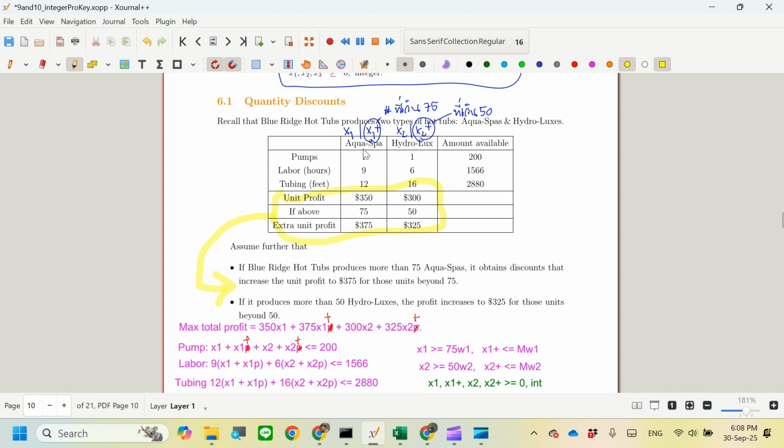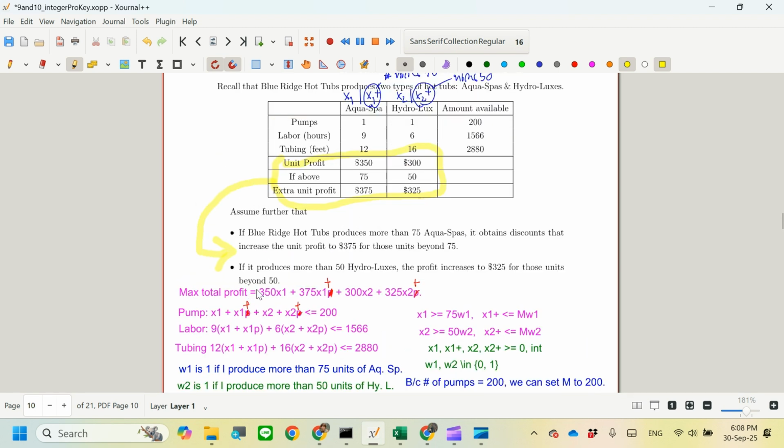X1 for Aqua Spa below 75, and X1 plus is what we produce above 75, and X2 is the amount that we produce less than 50 units, and X2 plus is anything beyond 50. So we maximize total profit: 350 X1 plus 375 X1 plus plus 300 X2 plus 325 X2 plus.